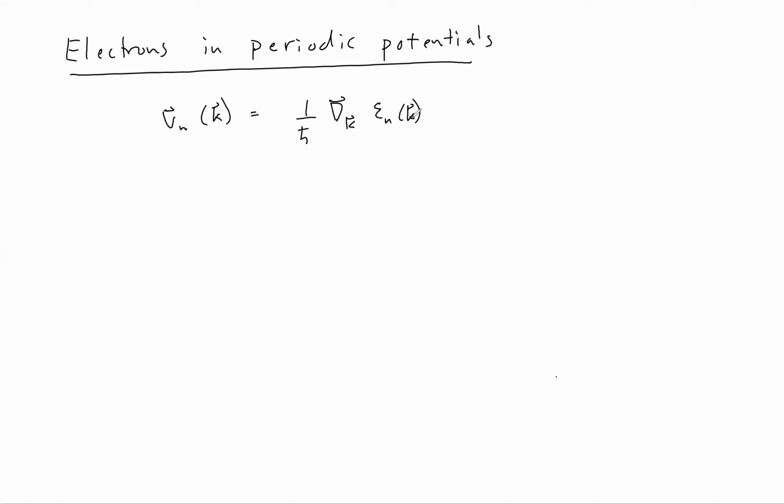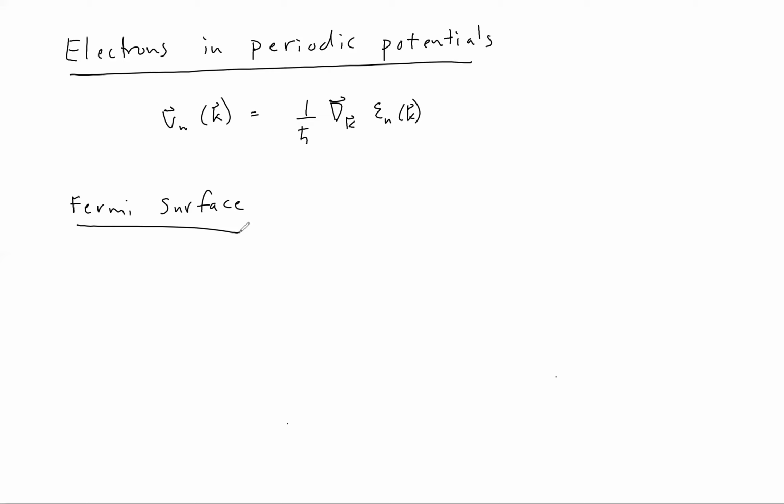Just as we did in the Sommerfeld model, we can define a Fermi surface. This is the surface that separates the occupied from the unoccupied levels in the ground state.